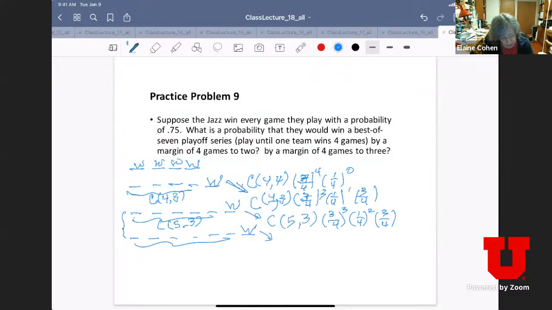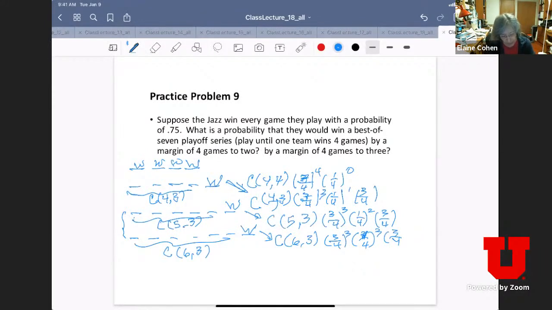And then we have 6 choose 3 ways. And we have C of 6, 3, 3/4 cubed, 1/4 cubed times 3/4.